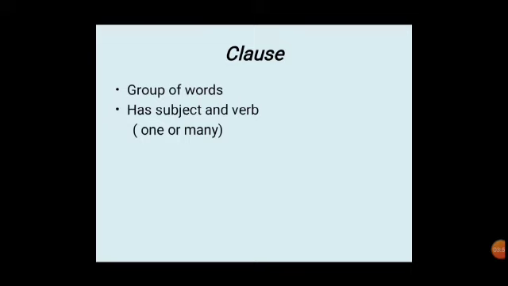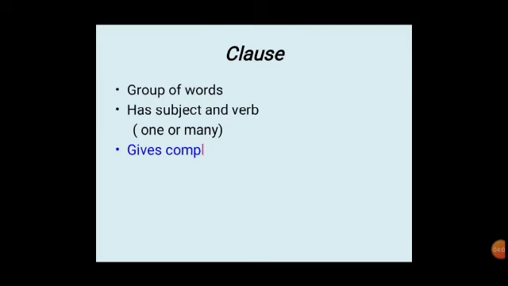Now I'm going to tell you what is meant by clause. Very simple. Clause is a group of words. Next, clause has a subject and a verb. Subject means the person or thing the sentence is about, and the action done by that subject is called the verb.